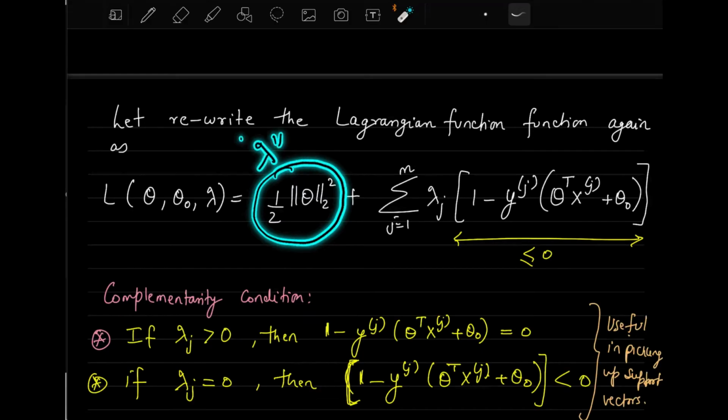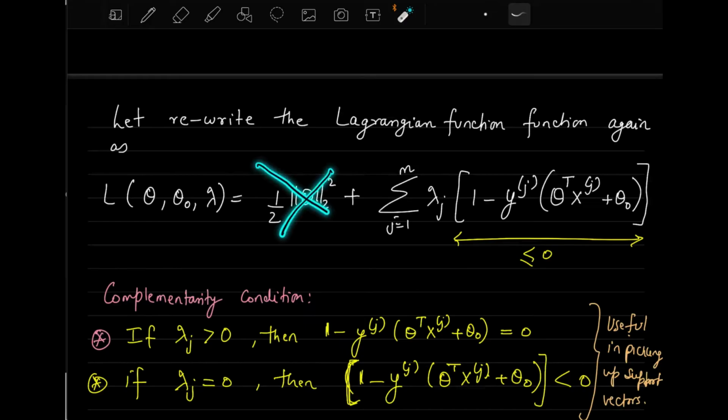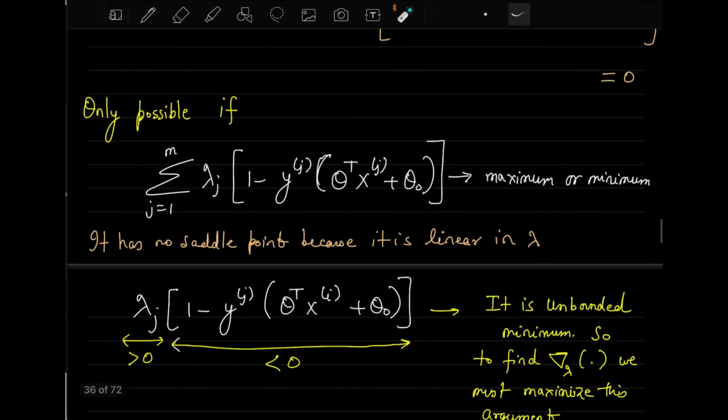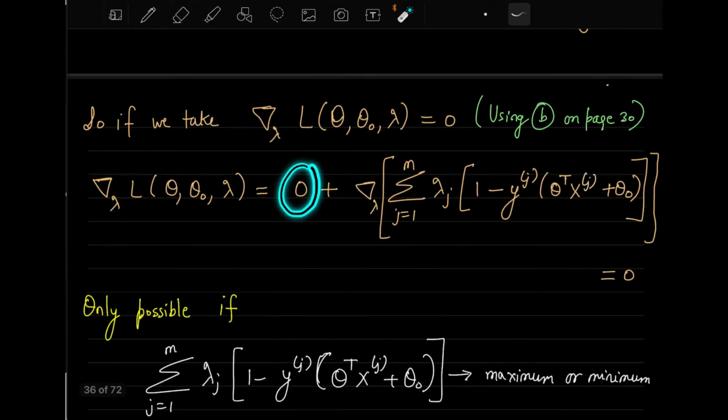So there is no lambda here. There is no lambda here. So this term will go away. There will be no term like this, because there is no lambda available here. So this is gone. That's why I am keeping it as 0.